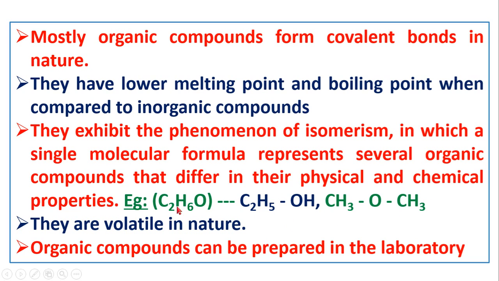For example, C2H6O: C2H5OH, this is ethyl alcohol, and CH3OCH3, this is dimethyl ether. So the same molecular formula but different structural formula is called isomerism. In isomerism, a single molecular formula represents several organic compounds.